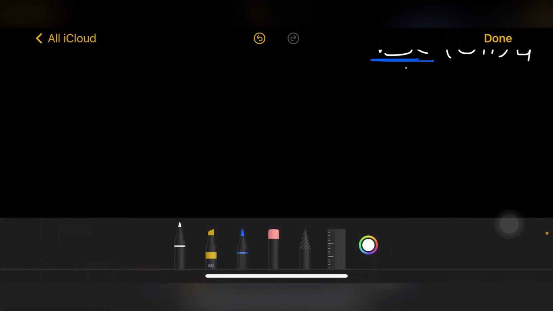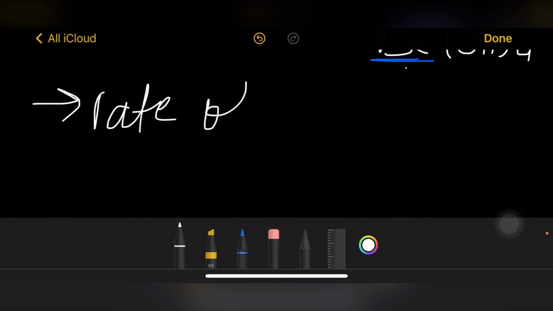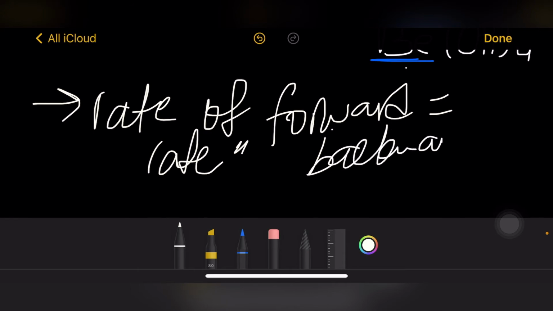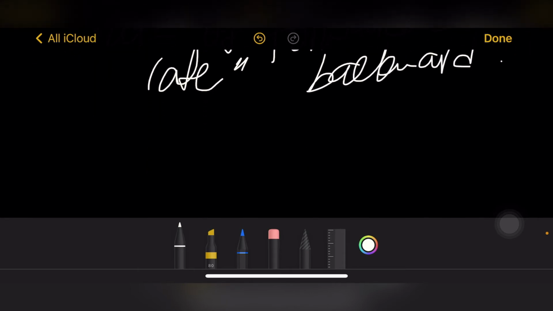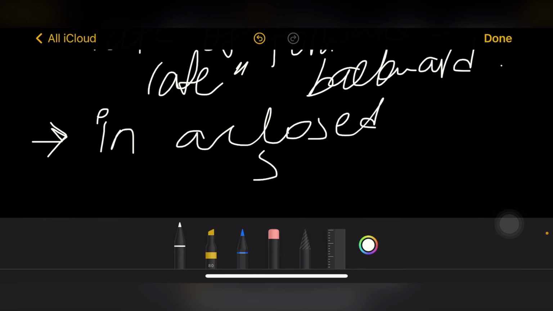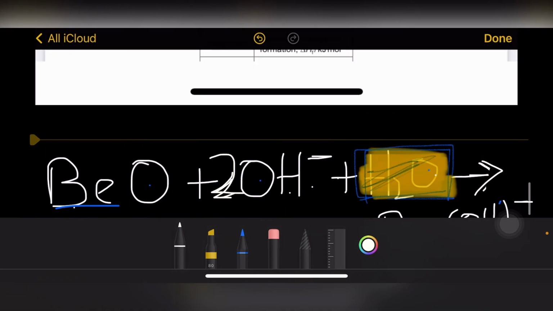One of them is the rate of forward reaction is equal to the rate of backward reaction, and the second one is the reaction should be in a closed system to avoid any loss of mass.